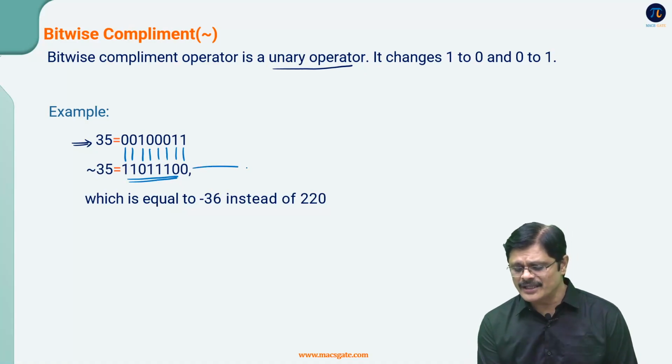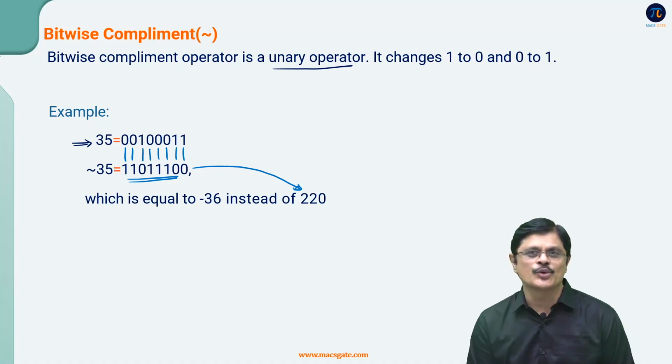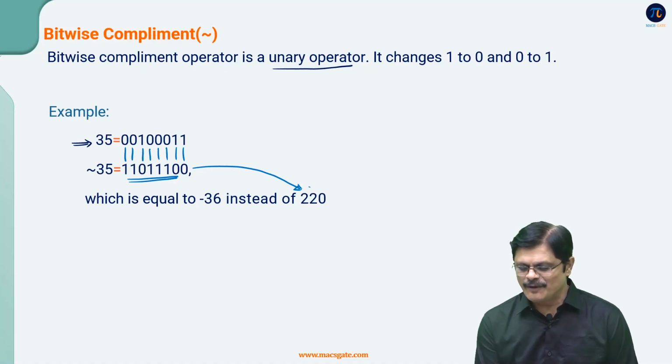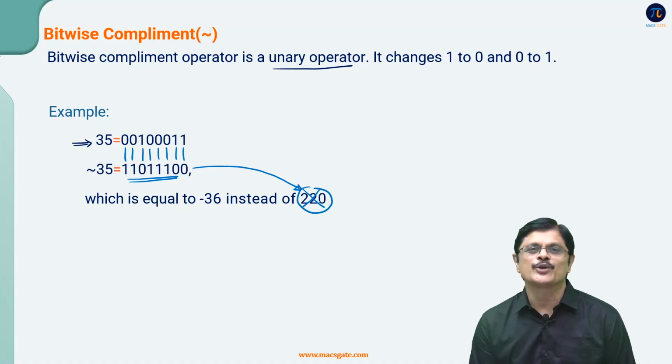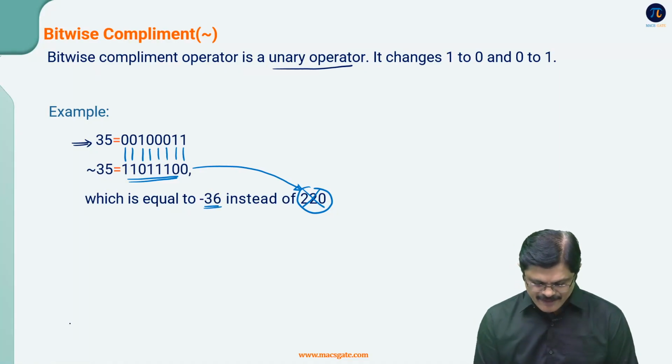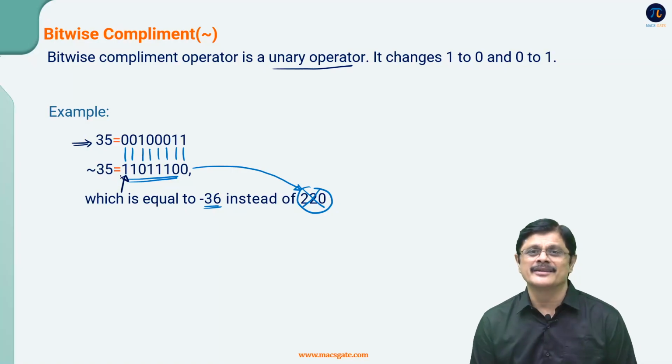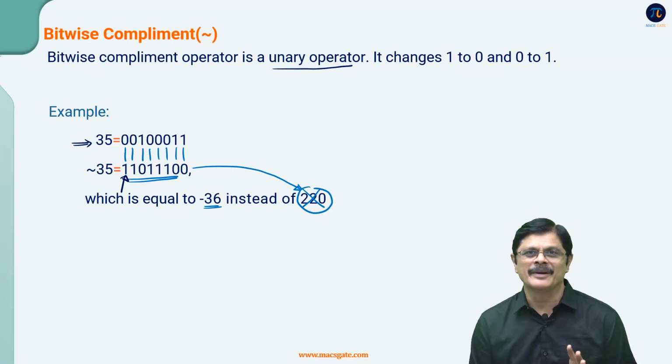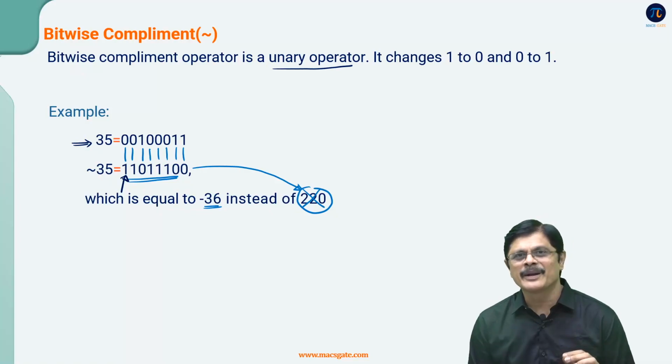So, actually the decimal equivalent is 220, but if you print it, you will not get 220, instead you get minus 36. Dear friends, whenever the leading bit is 1 after doing the complement, you are not actually printing the number, it is a signed representation.